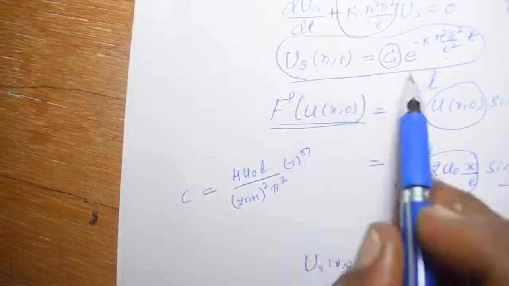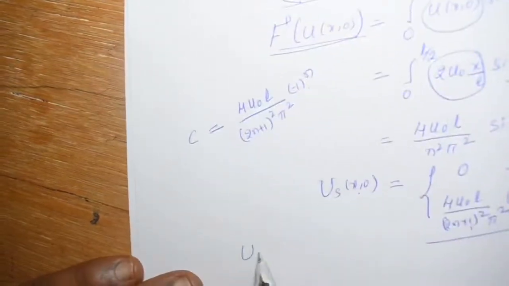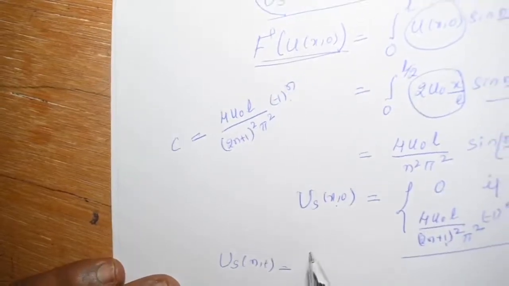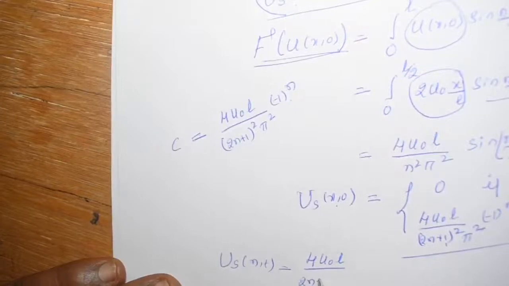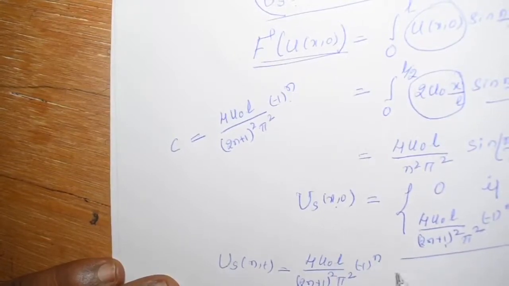Now our solution will become U_s of n comma t is equal to, c value is 4 u naught L divided by (2n plus 1) whole square into pi square into minus 1 to the power n into the function e power minus k into (2n plus 1) whole square pi square divided by L square into t.